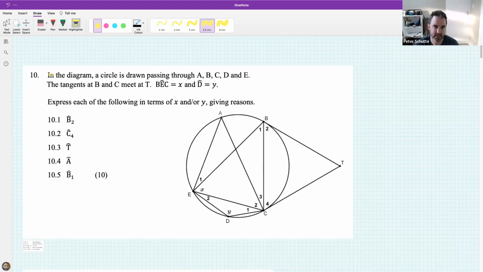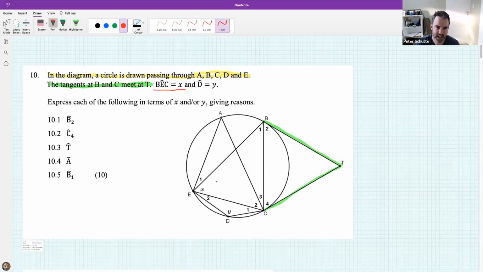It says, in the diagram, the circle goes through those points. The tangents at B and C meet at T. So this is a common tangent, and basically I have that and that.